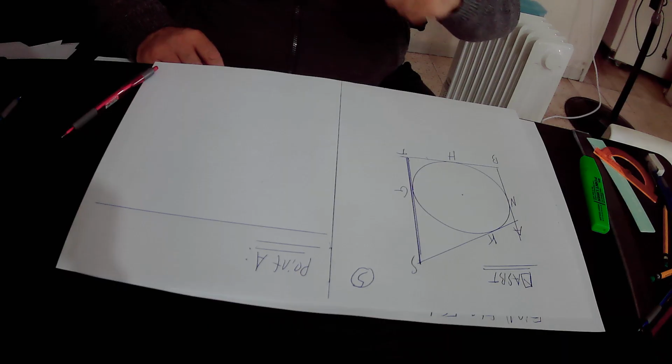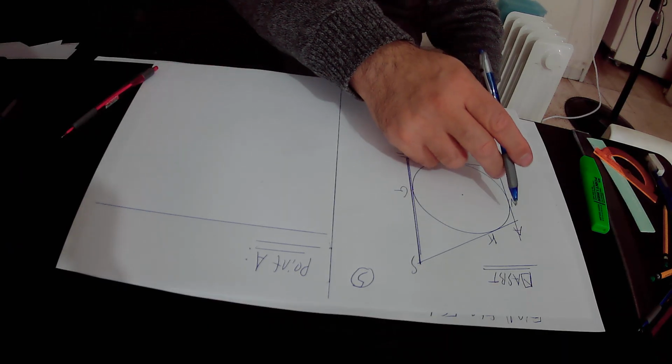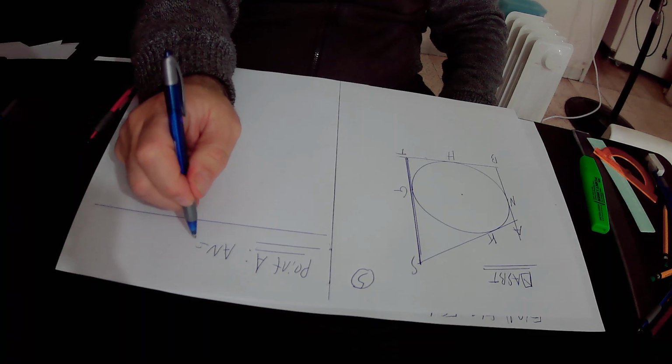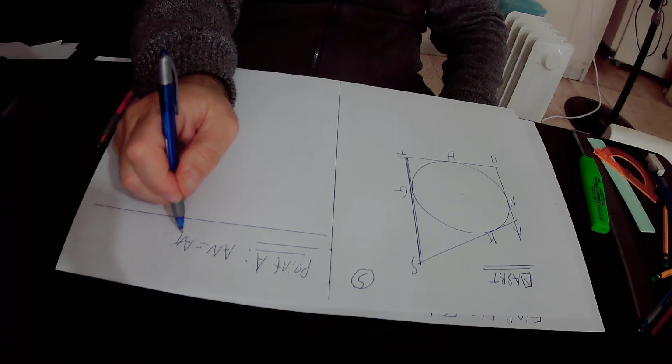And according to rule 2, they are equal to each other. That is to say, AN equals AK according to rule 2.